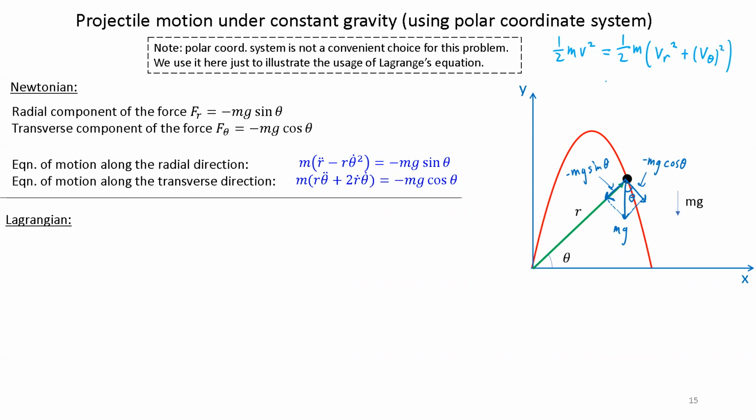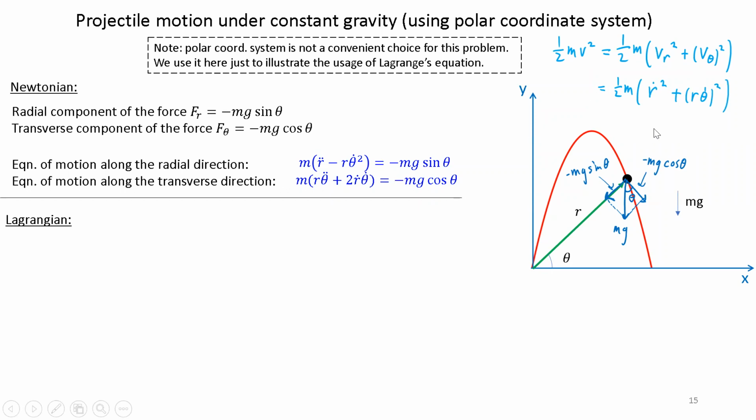I just told you that v_r is r dot, so that is r dot squared, and v_theta is r theta dot, so it's r theta dot squared. So this is the kinetic energy.